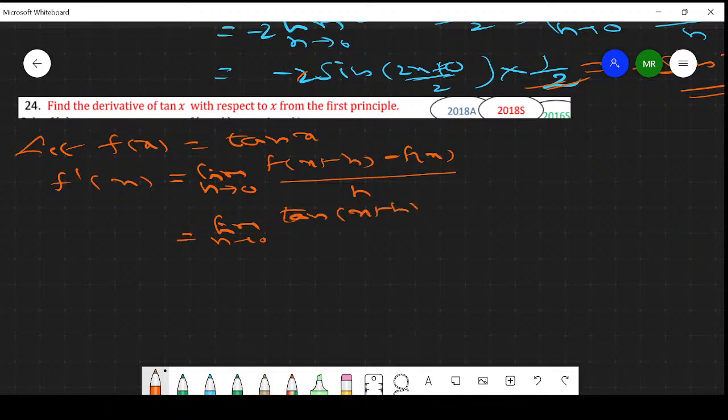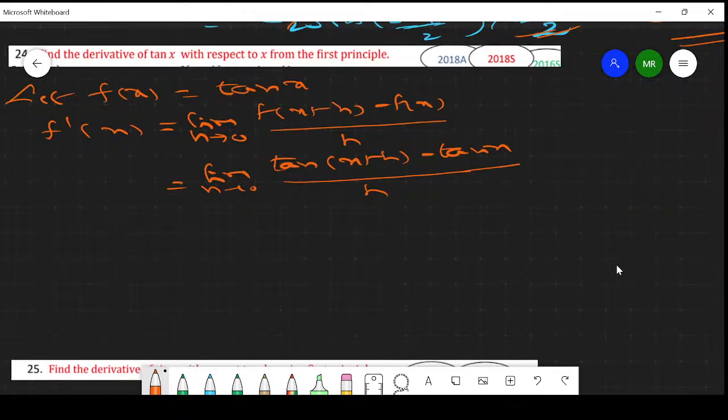Tan of x plus h minus tan x by h. But we know the derivative of tan x is secant square, that is the expected answer. Final answer you should get secant square x.